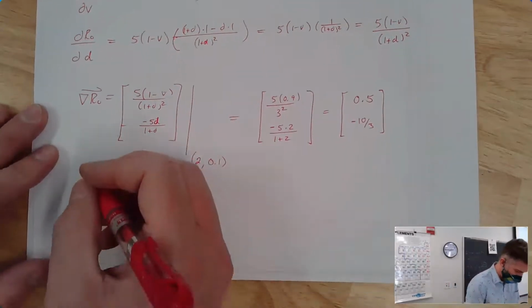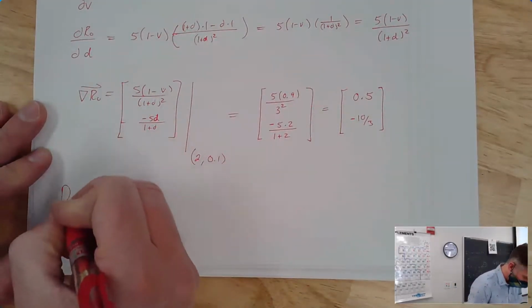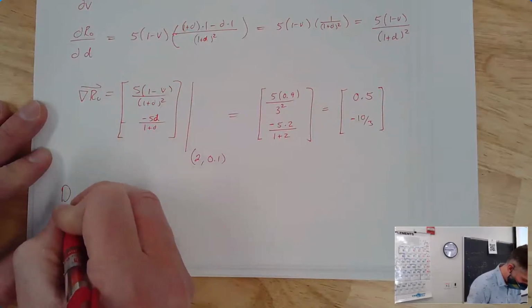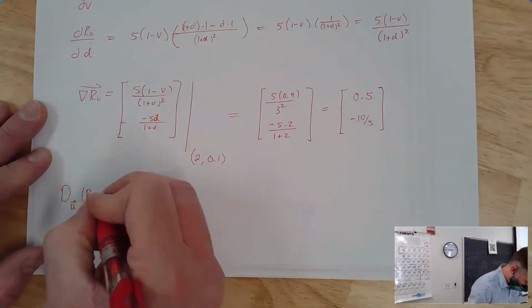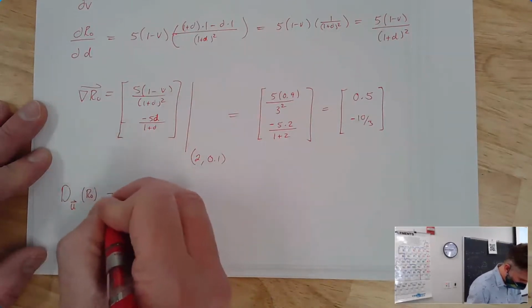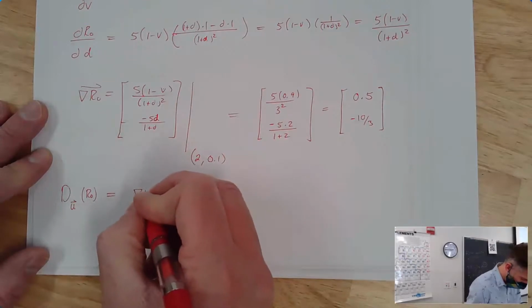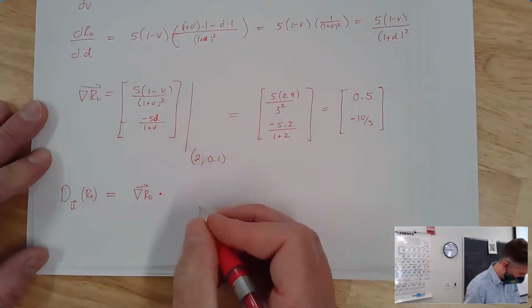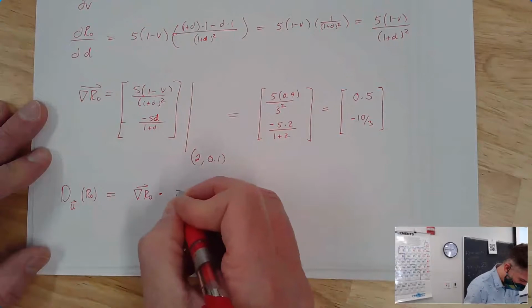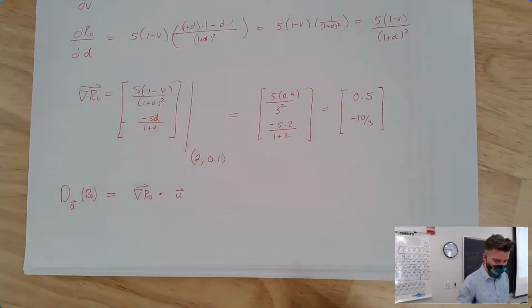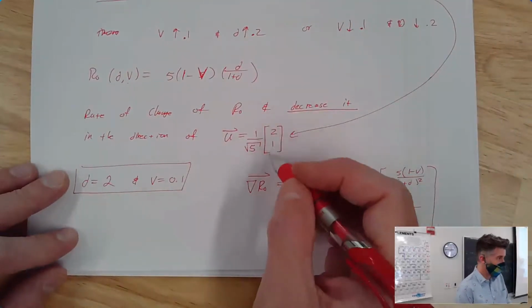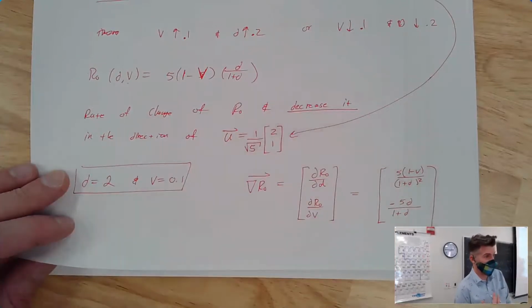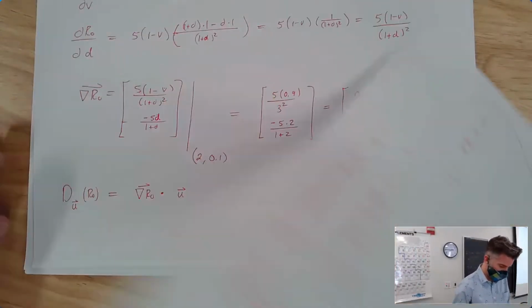So to get what we actually get, we're going to take our directional derivative. That's going to be the gradient dotted with the vector u. And we already had the vector u. I know it's been a while since we saw the vector u. The vector u was this guy right here, right? The direction we were given, we didn't get to choose, divided by its magnitude.